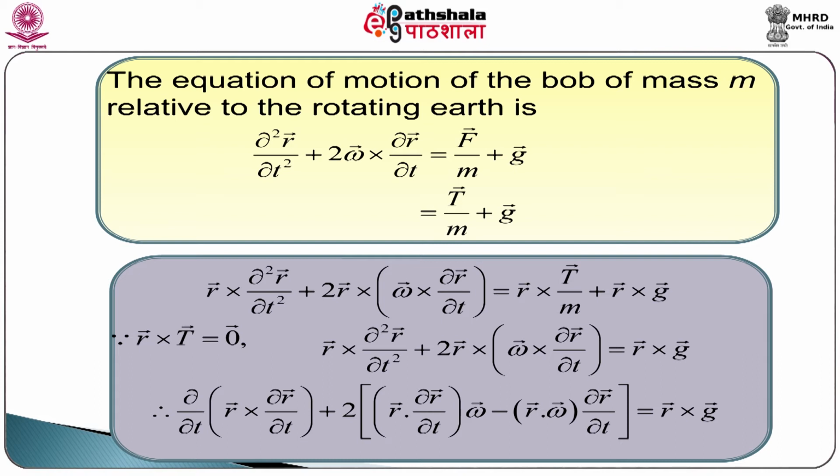Since r vector and T vector are parallel vectors, the first term on the right hand side vanishes. Thus, we have r vector cross del 2 r vector del T2 plus 2 r vector cross omega vector cross del T of r vector is equal to r vector cross g vector. Here cross means we are considering the cross product of two vector quantities.